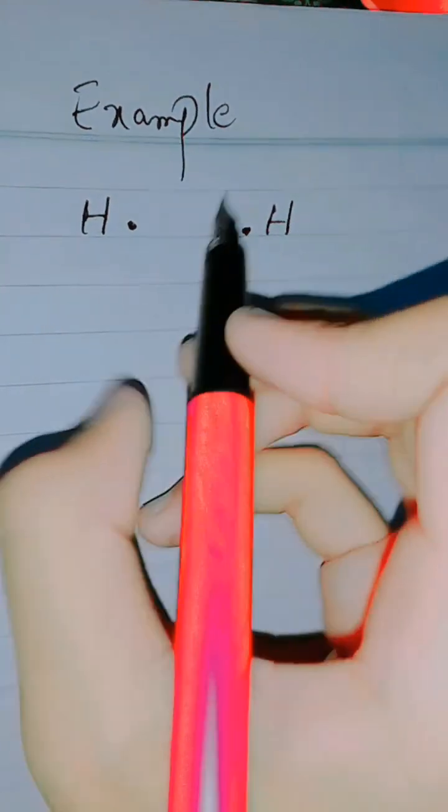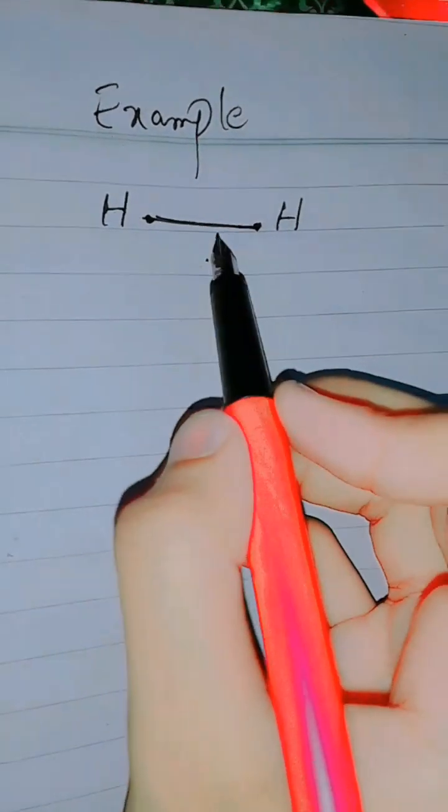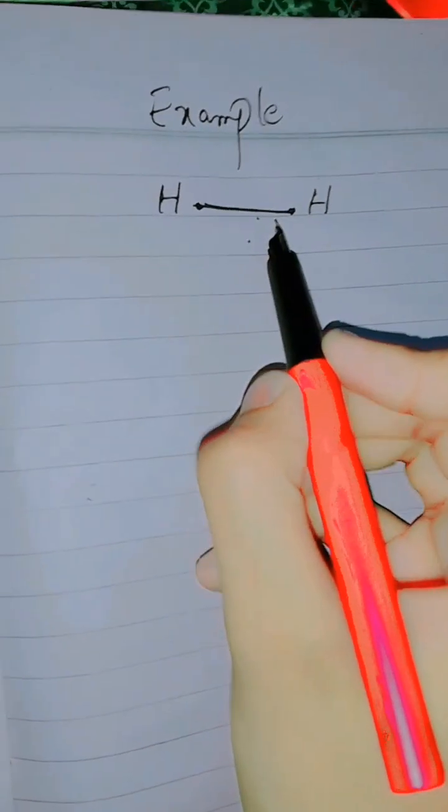Now let us talk about examples. The example of a single covalent bond is hydrogen, where they share one electron, that is one unpaired electron. When they share, that is called a single covalent bond. As I said, the sigma bond is the first forming bond, the first bond made on the x-axis.